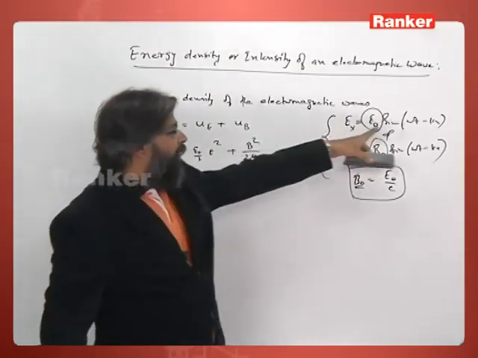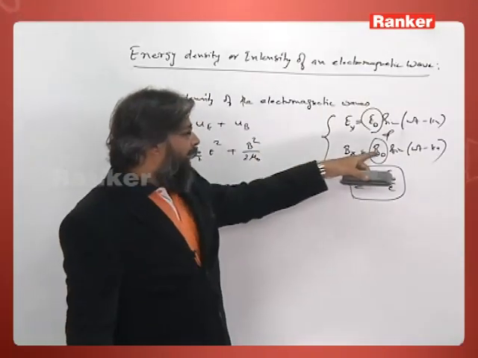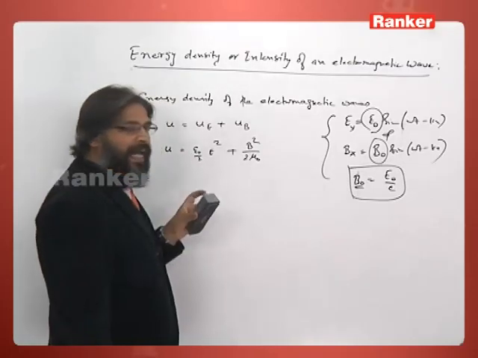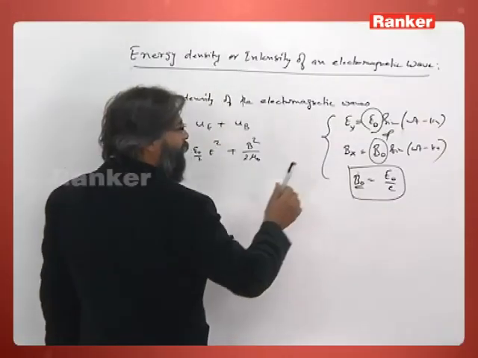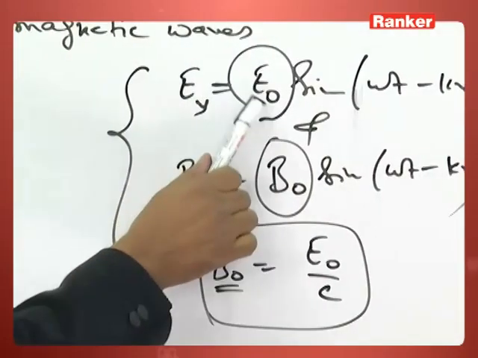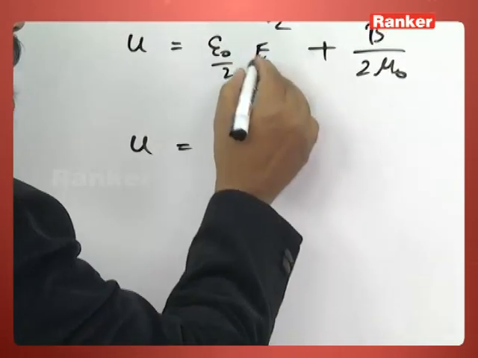Now this electric field is a sinusoidally varying field, and so when I am calculating the energy density, we are interested in the RMS value of this electric field. So we will be using it.